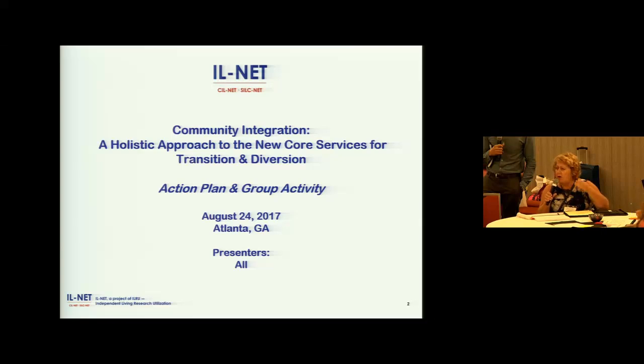So our planned actions would be basically to provide more education as to what our transition and diversion services are, because right now they are primarily looking at us from a DME standpoint. What kind of equipment can we provide? So it would be educating them and then building on our existing relationships through in-service, meeting with the social workers, the patient care coordinators, and their transition specialists.